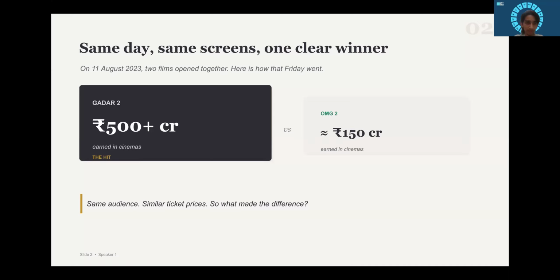While both are very big amounts, it's not a small gap. Gaddar 2 made over three times what OMG 2 made on the same Friday and with the same market conditions. It wasn't the ticket price which was the reason for this discrepancy. It was because of economics.